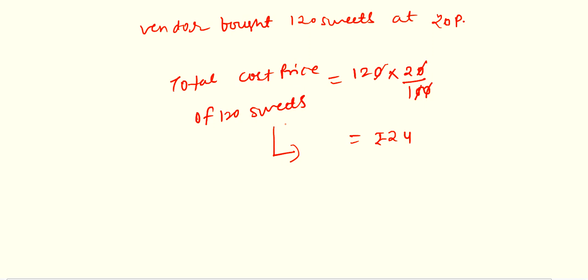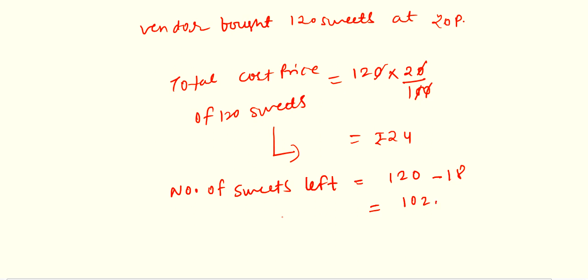Now 18 were consumed and he sold the remaining at 30 paise each. So the number of sweets left after consuming: total number of sweets 120, then 18 consumed, that means 102 sweets are remaining.